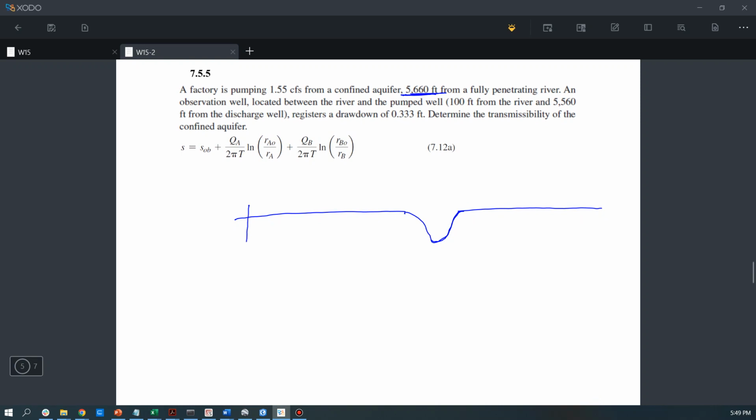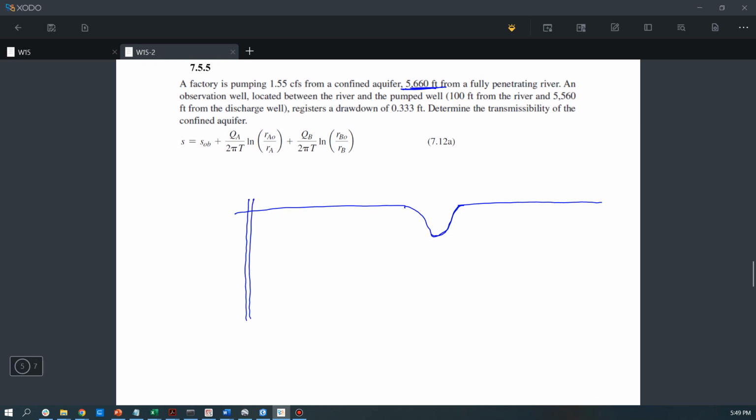So assuming that the well is here and the distance is 5,660 feet, with the flow rate equal to 1.5 CFS.